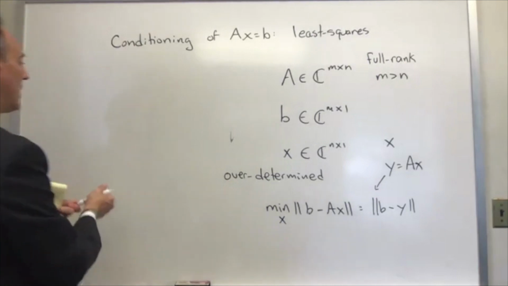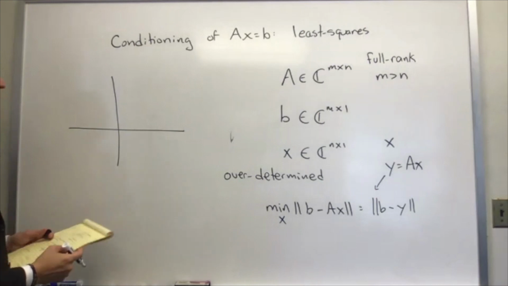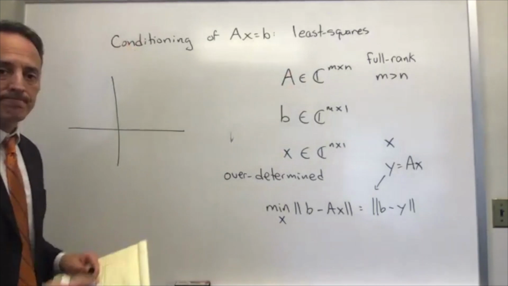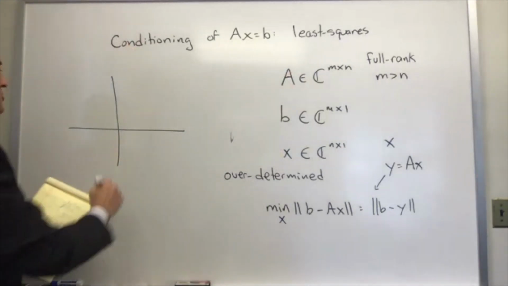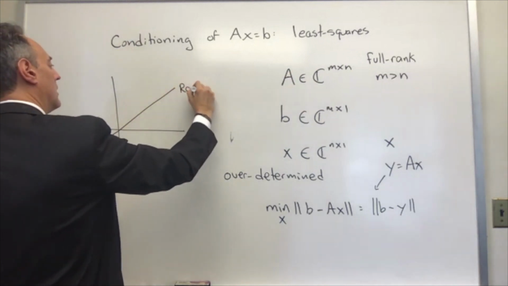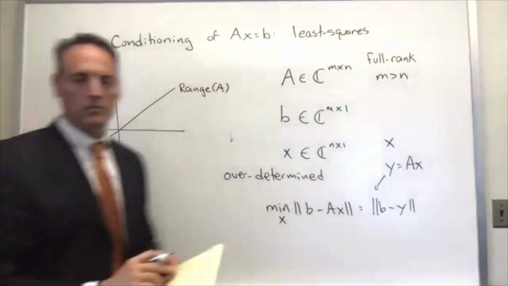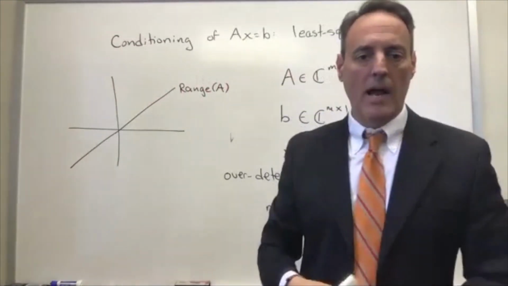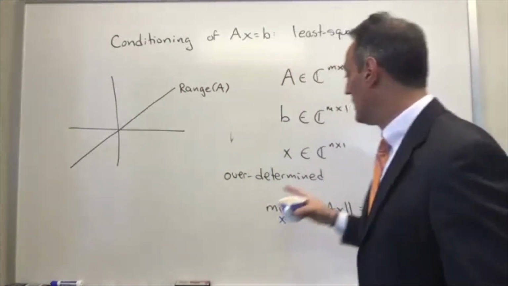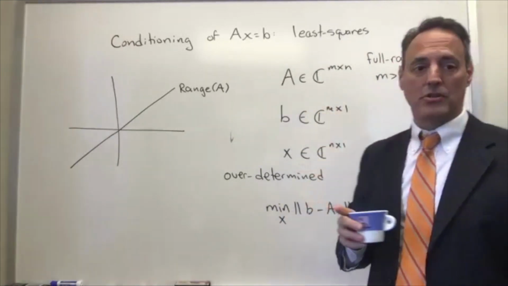What we're looking at is, in some coordinate system, the matrix A has some range. And here I'll just envision what that range might be. So the range of A is here. Now, remember, I have an overdetermined system, so B itself is m-dimensional. The range spans an n-dimensional space.